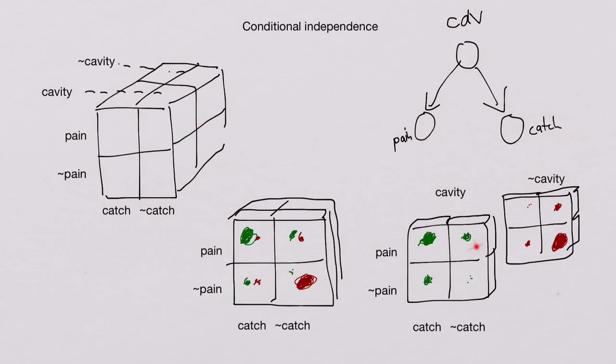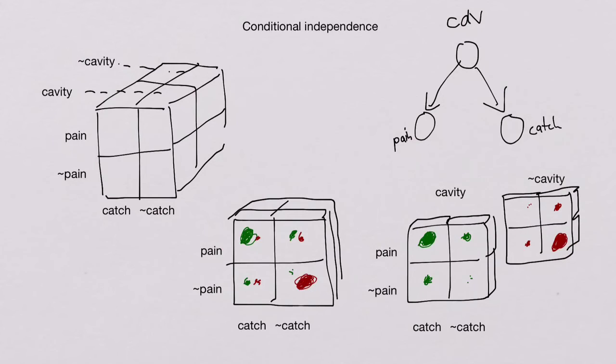Maybe I didn't draw it very precisely, but given the cavity, if we look just at the relationship between pain and catch, whether I am in pain, there's a higher probability of catching and not catching, and whether I'm not in pain, there's a low probability overall, but still a high probability of catching with the tool and not catching. And the same goes in this direction. So once I know whether I have a cavity, once I look at just one slice out of the two, these two variables now are independent, and the same happens here.